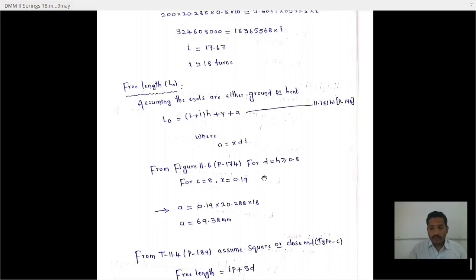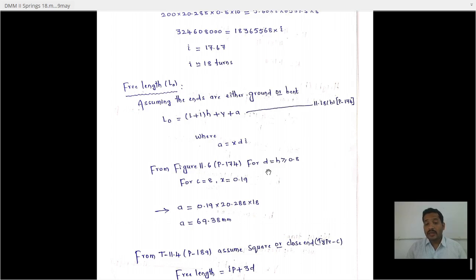After that, first of all we need to find out A, nothing but the clearance between the coils. The clearance between the coils equals X into mean diameter, into number of turns. For that, first of all we have to refer to figure 11.6, page number 174.